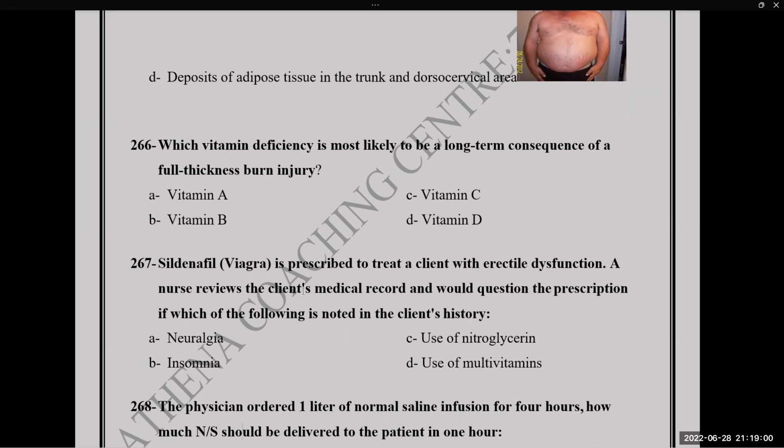So vitamin D deficiency causes damage to the bone. Fine. So it causes rickets. Vitamin D deficiency causes rickets. Next question.